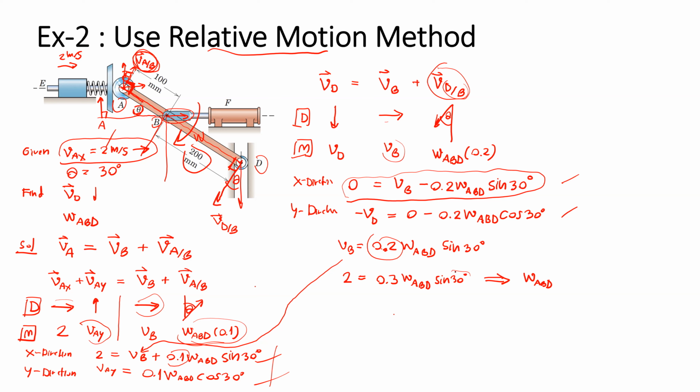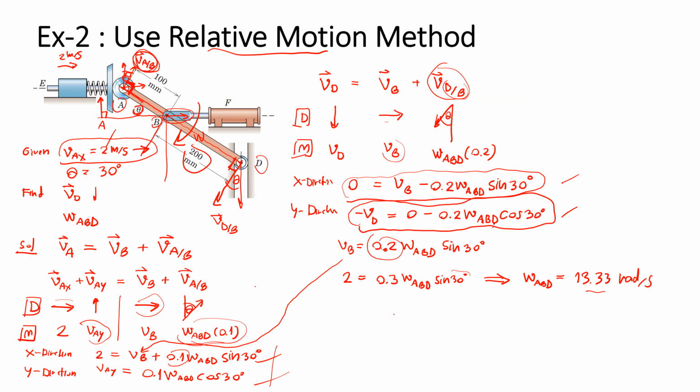Omega will equal to, let me check. It should be, please check the numerical value, but I think it should be correct. We have the magnitude of the omega, and then we need to solve for the VD. We can put it into this equation.